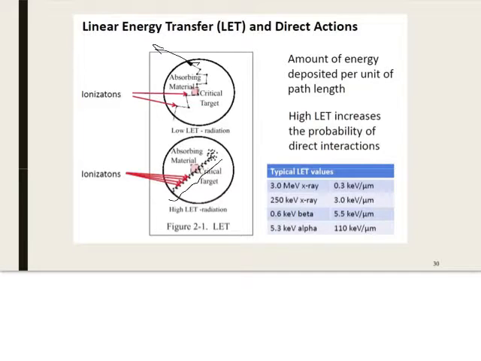The high LET radiation, like the alpha particles and beta particles, they get stopped by a piece of paper. They give off all their energy really quickly and then they stop, right? The low LET energy, like X-rays and lower energy gamma rays, they will ionize and then go, and then ionize and then go, and then ionize and then go. So they will go straight through things, right?